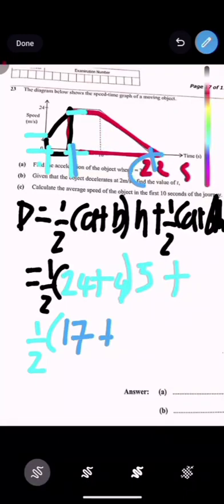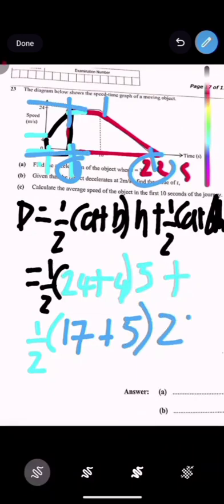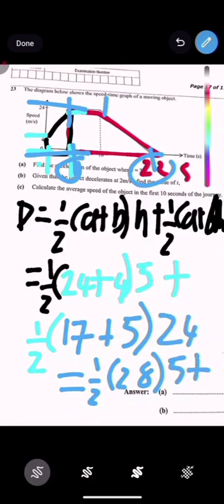Plus B is from here to here, which is 5 to 10, which is 5. Height is from here to here, which is 24. So we're going to have 1 over 2, 24 plus 4, 28, 5, plus 1 over 2, 17 plus 5, it's going to be 22. 5, right?